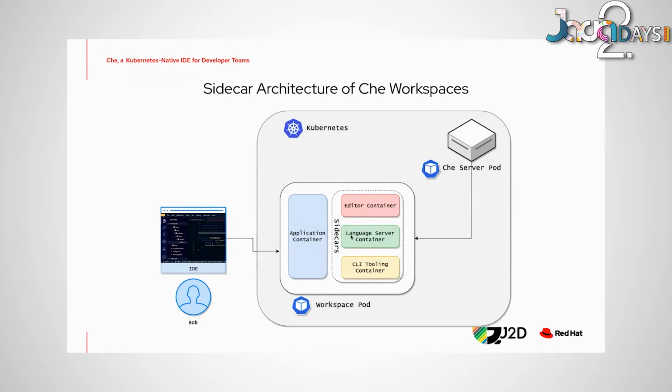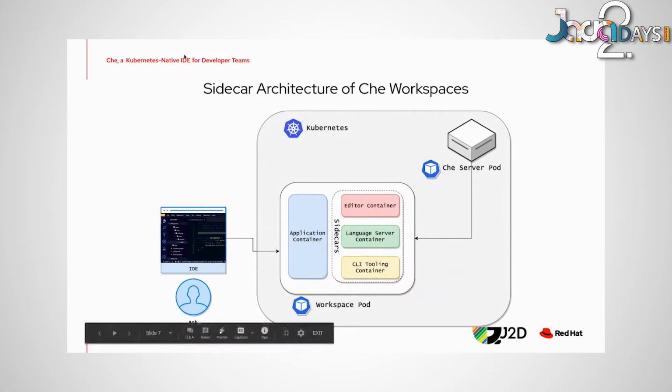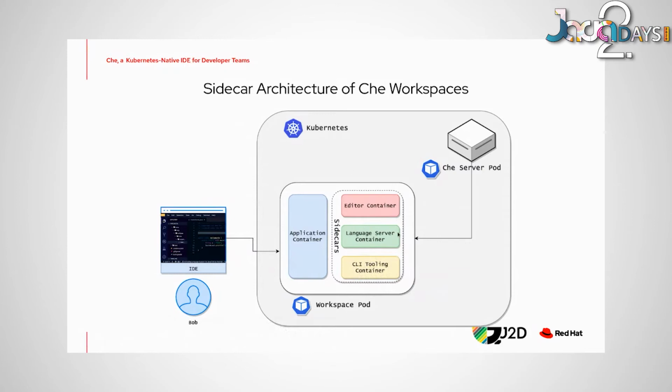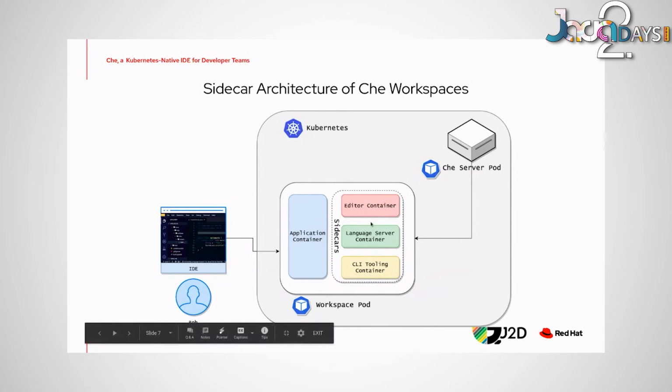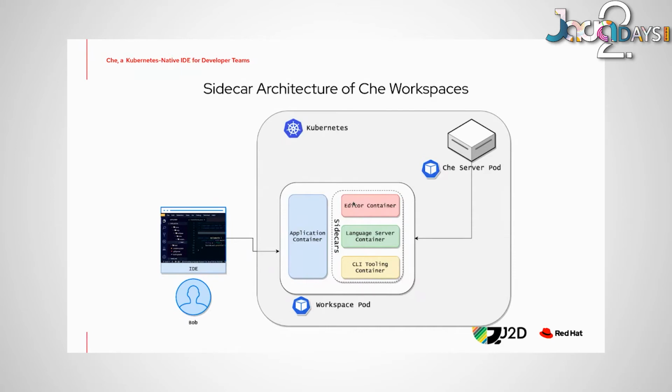It could be tools as containers, just containers, such as the Git containers that I've shown to you, or the build containers. Or it could be the editor, which in our case is Theia. And it could also be language server containers and plugins. For instance, the Java IntelliSense has its own containers, and that would run inside the pod in Kubernetes.